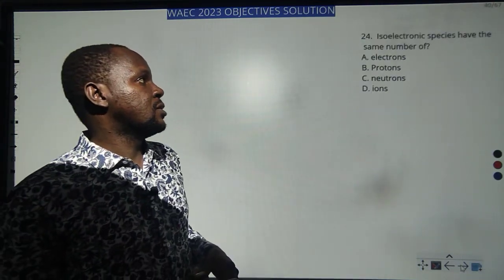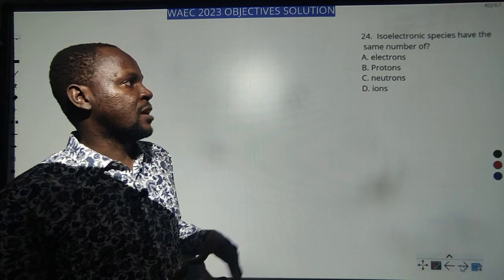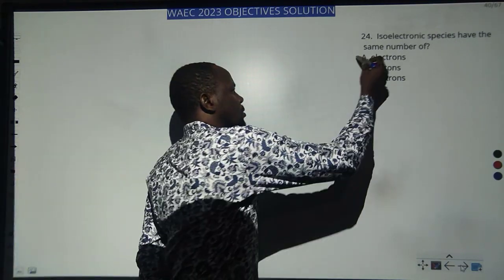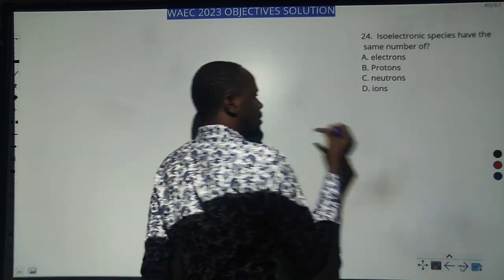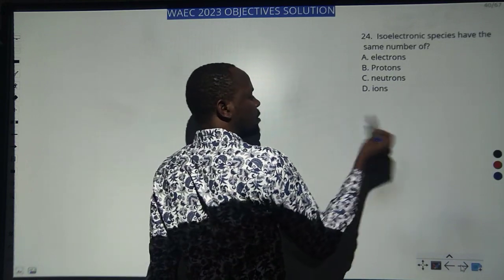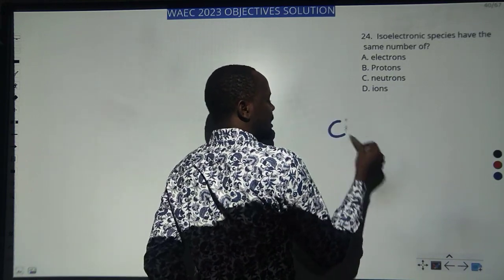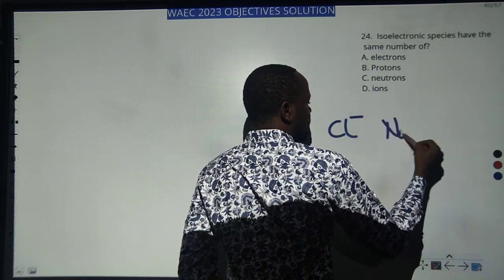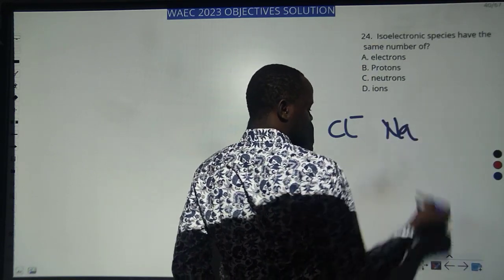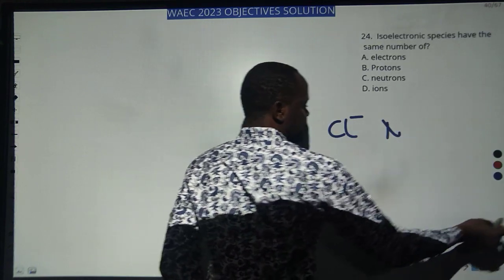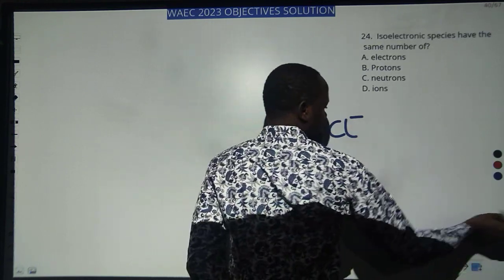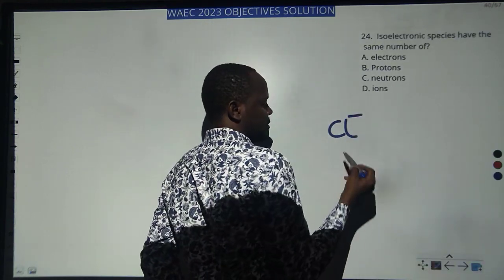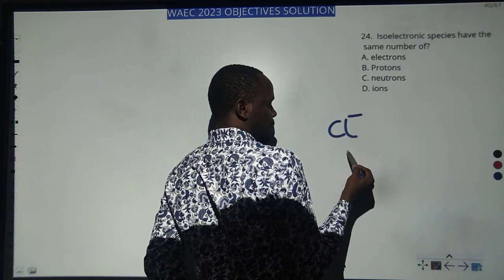It's a cheap question. Isoelectronic species have the same number of... now, isoelectronic, let me say charges or ions, whatever you want to call it. Look at it. If I write Cl minus, Na plus, or let's say I'm taking Cl minus, I'm talking about which other one?